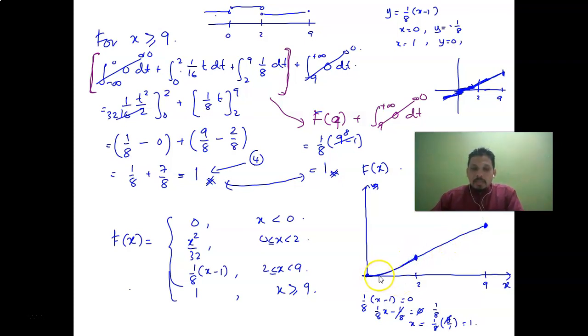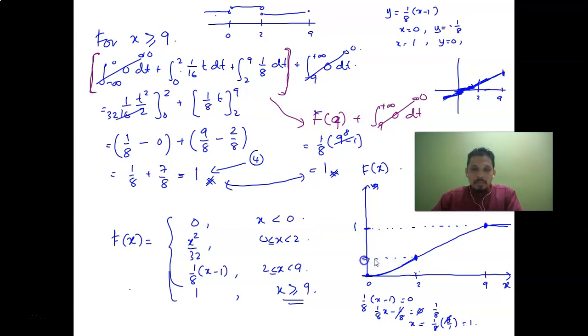So this is the graph of x squared over 32 from 0 until 2. This is the graph of linear 1 over 8 times x minus 1 from the domain of 2 until 9. 2 until 9 is linear. And then finally, f(x) equals 1 for x greater than or equal to 9. Meaning here, this is y equals 1.